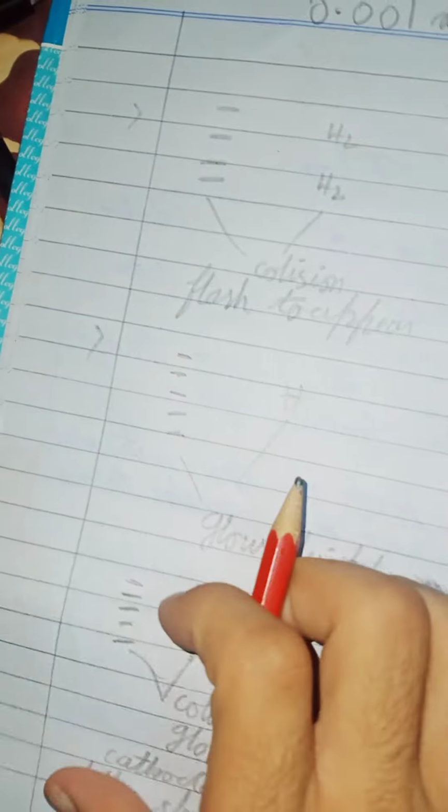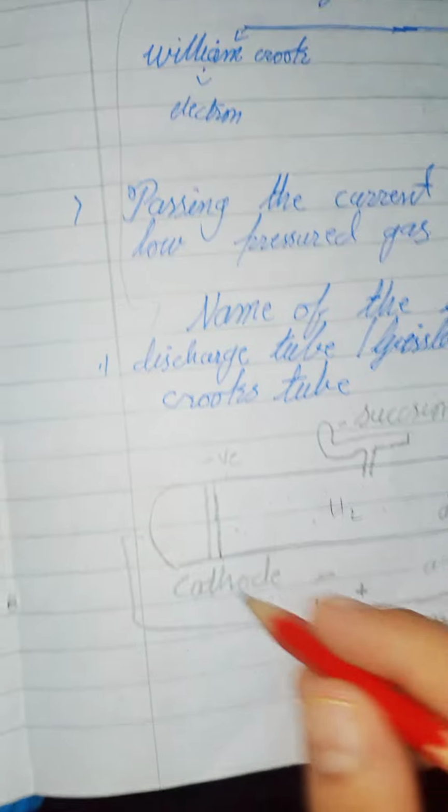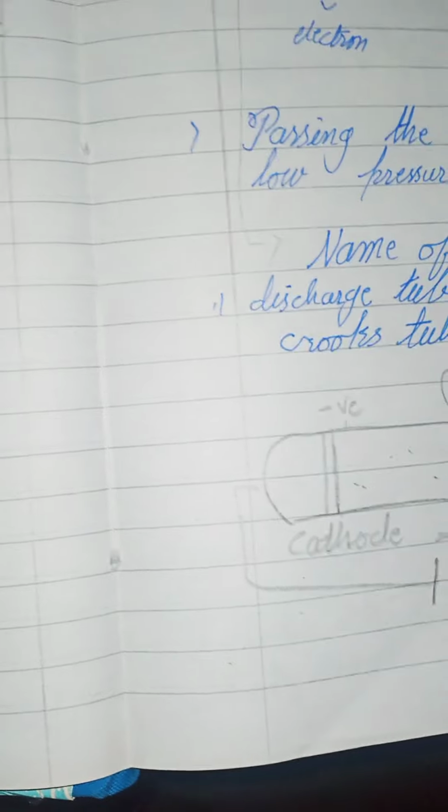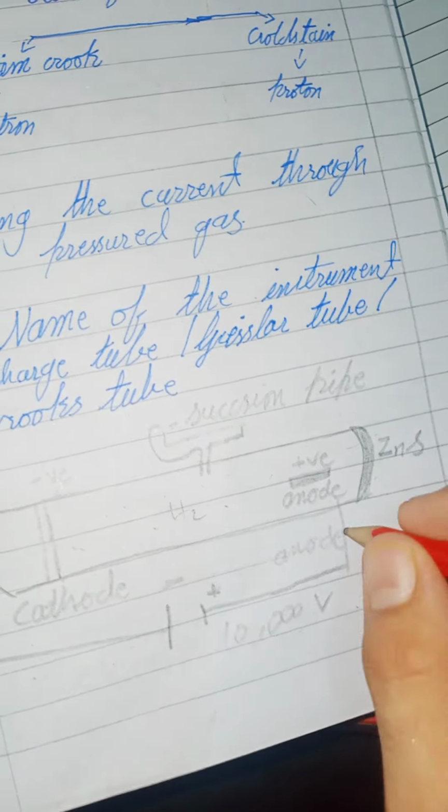Here, when we give the electricity, negative charges, anions, are going from here, and from here cations are moving.